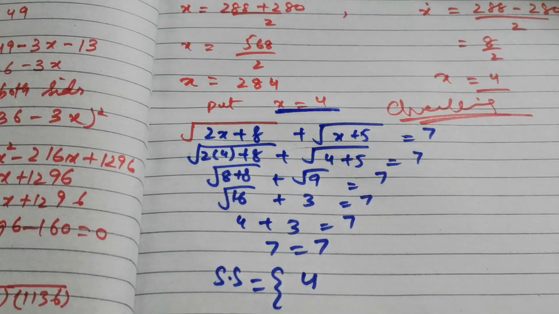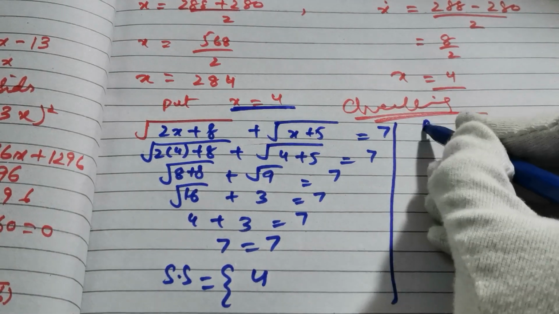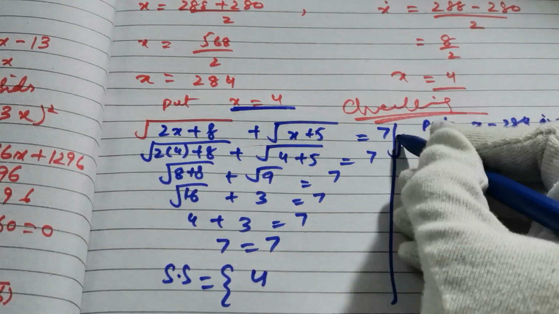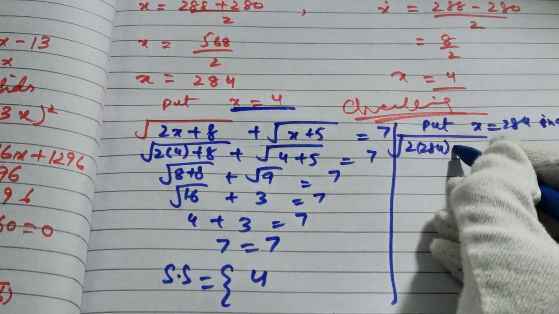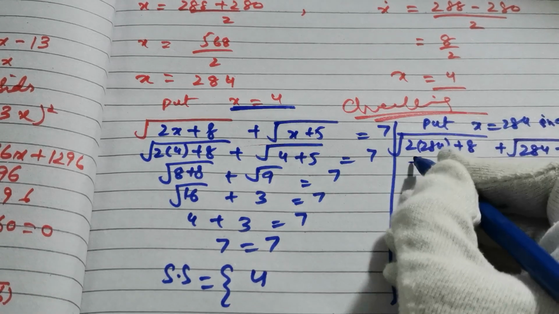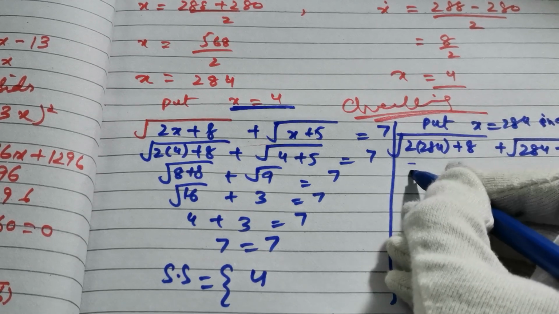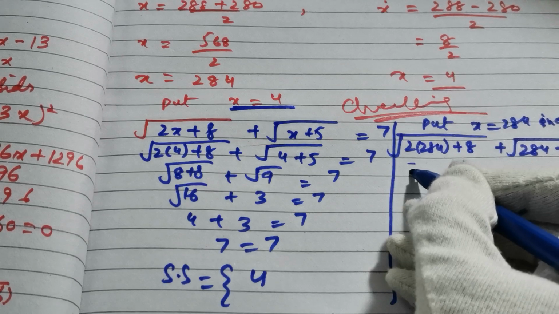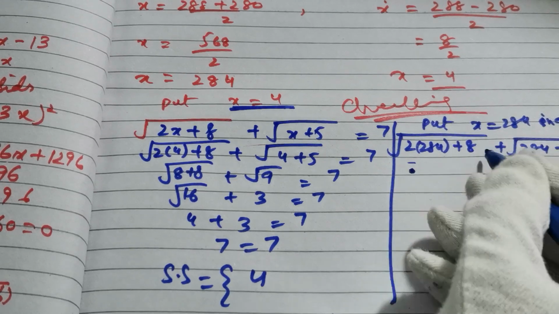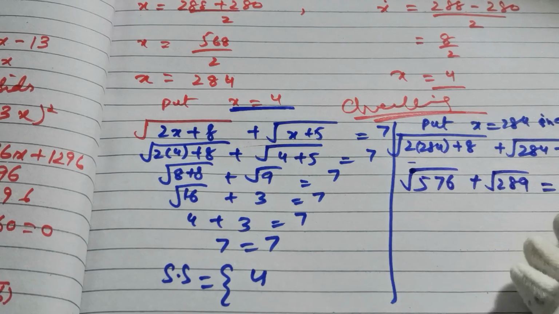So the solution set is x is equal to 4, and we further check 284 by putting its value. Let's put x is equal to 284 in equation 1. Under root 2 into 284 plus 8 plus under root 284 plus 5 is equal to 7. That gives 576 plus 289.